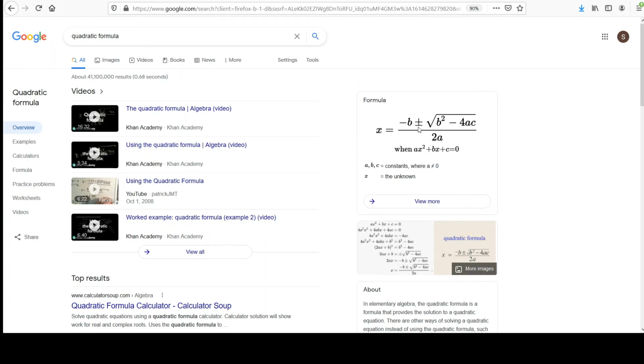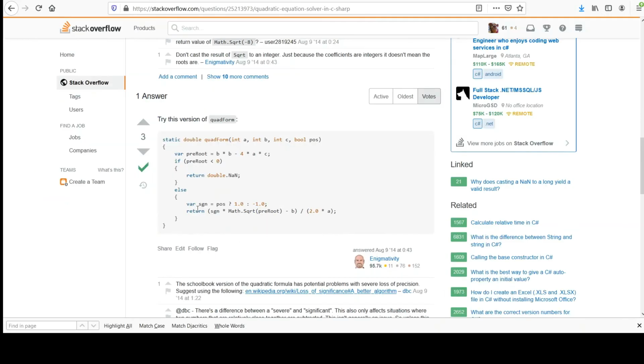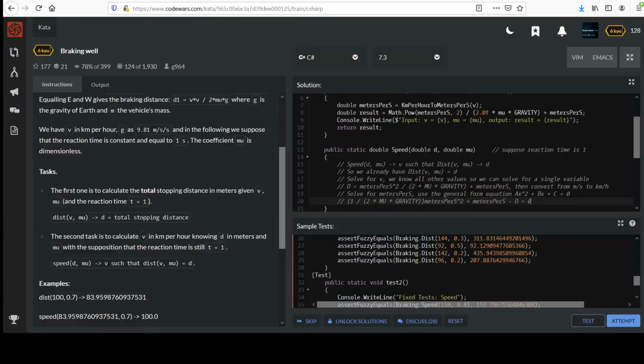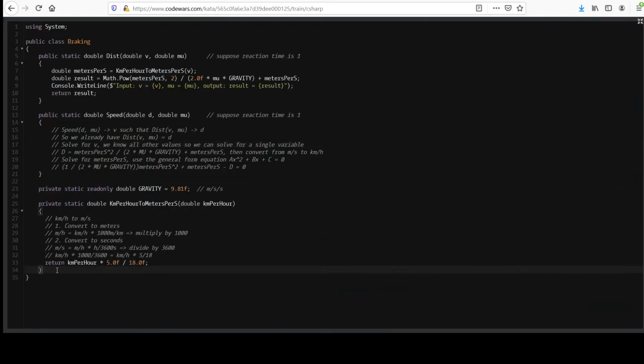Negative b plus or minus the square root of b squared minus 4ac all over 2a, right? When you have the general form of the equation, which we just did. So feel free to review that if you like. Someone had implemented it here. So I can just grab it, copy it. We'll bring it in and make that a method over here that we can use.